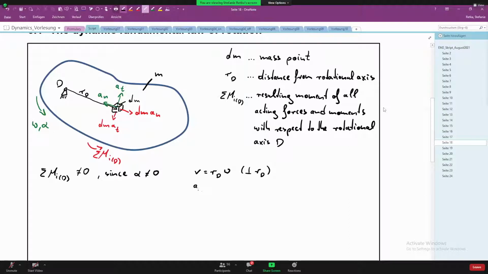Then the tangential acceleration can be obtained by radius times angular acceleration, which is also perpendicular to the radius. And the normal acceleration is equal to radius times omega square, pointing towards the center of the circular path, this axis of rotation, as depicted in the figure.